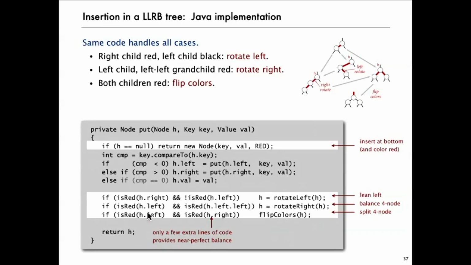Because in this implementation for left-leaning red-black trees, we're going to return the link whenever we're done, and then that'll get that link installed up in the node above, whether it be left or right. Typical implementations of red-black trees that do not use this recursive strategy wind up having lots of cases depending on whether left or right, or double rotate to the left or double rotate to the right.